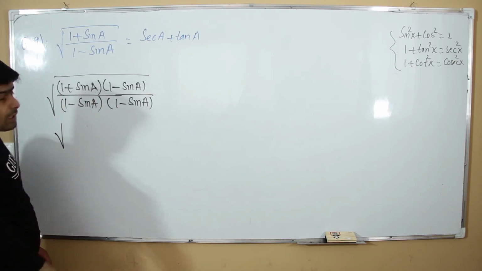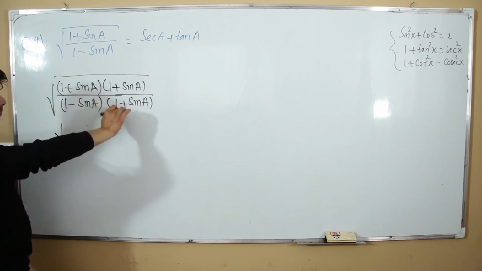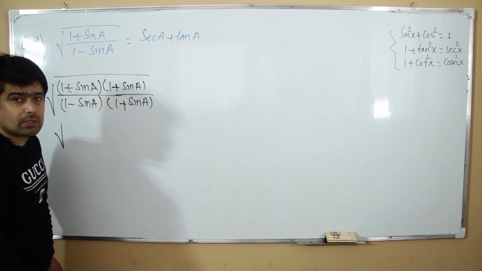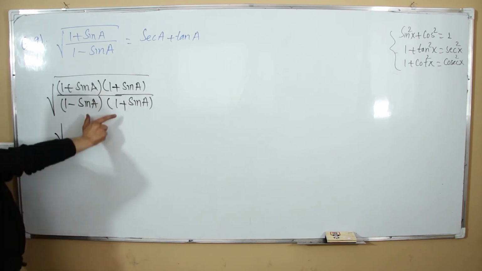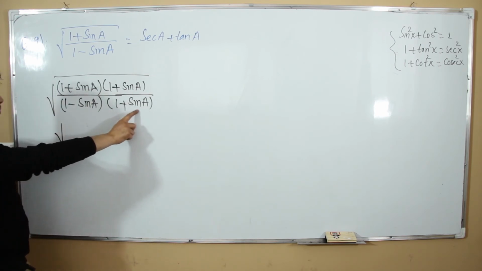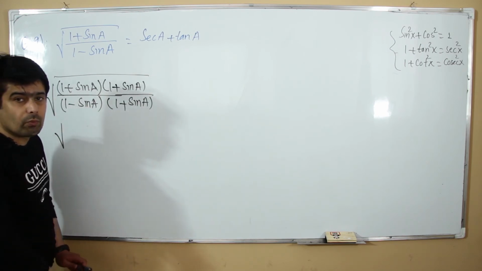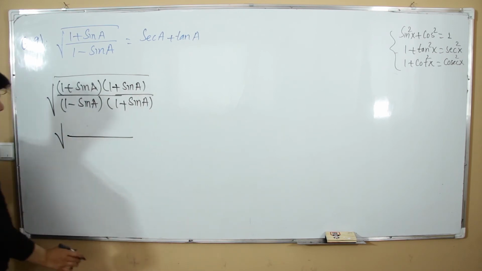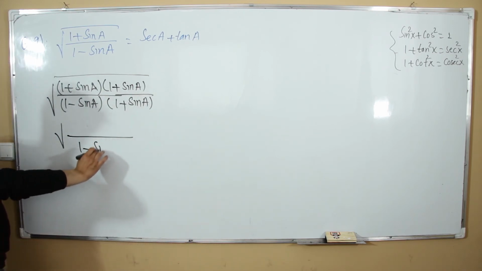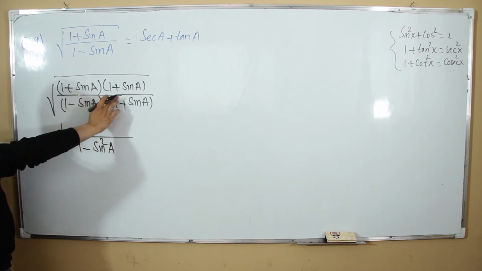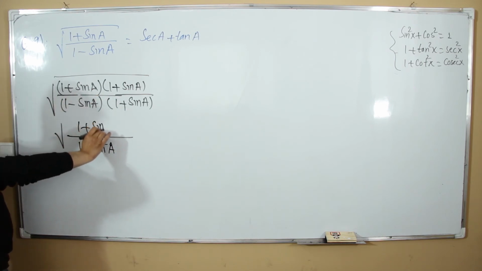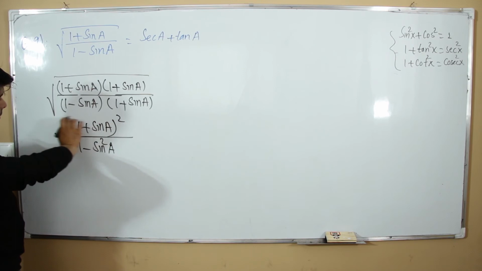Some students will think, can we multiply both of them with 1 plus sine A, 1 plus sine A? Yes. In here you will have the 1 minus sine A, 1 plus sine A, like 1 square minus sine square, and it would be easy. 1 minus sine square of A. So here we will have 1 plus sine A whole square.